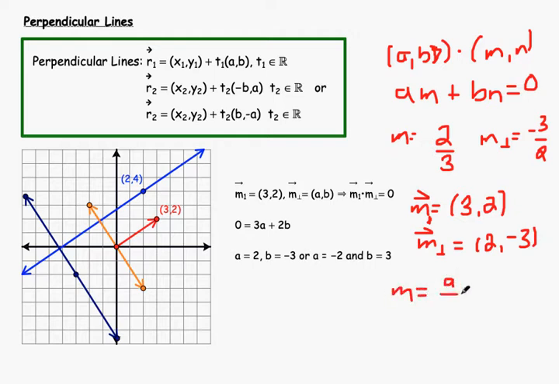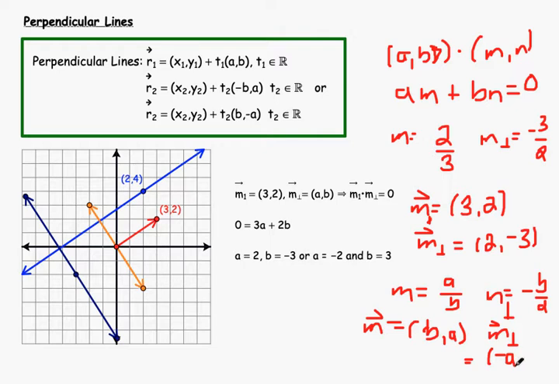So if we want to think about generalizing, let's say the slope of my line is a over b. The slope of a line perpendicular to that would be -b over a. And so in component form, my direction vector would be b comma a, because we have to start with x first. And then the direction vector of something perpendicular to it would be -a comma b, or we could write a, -b.